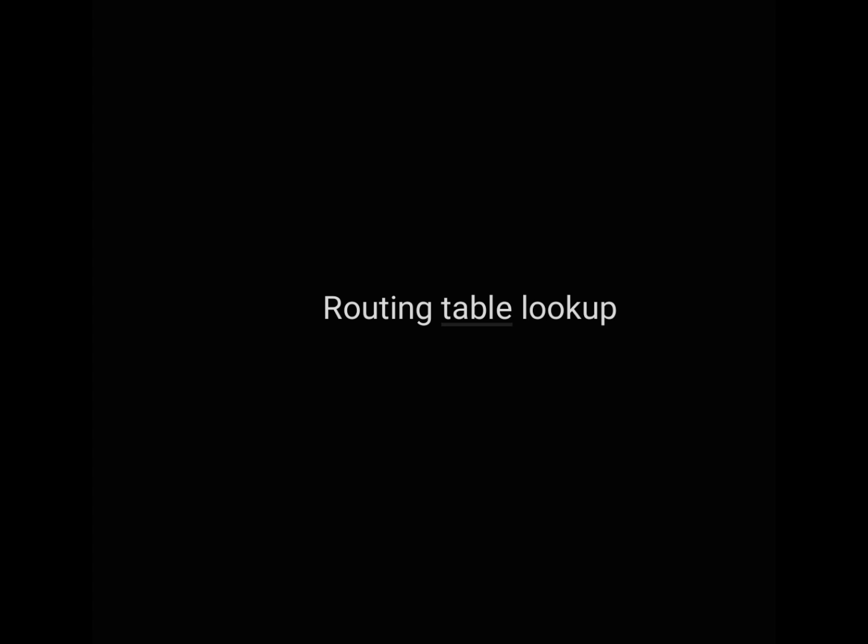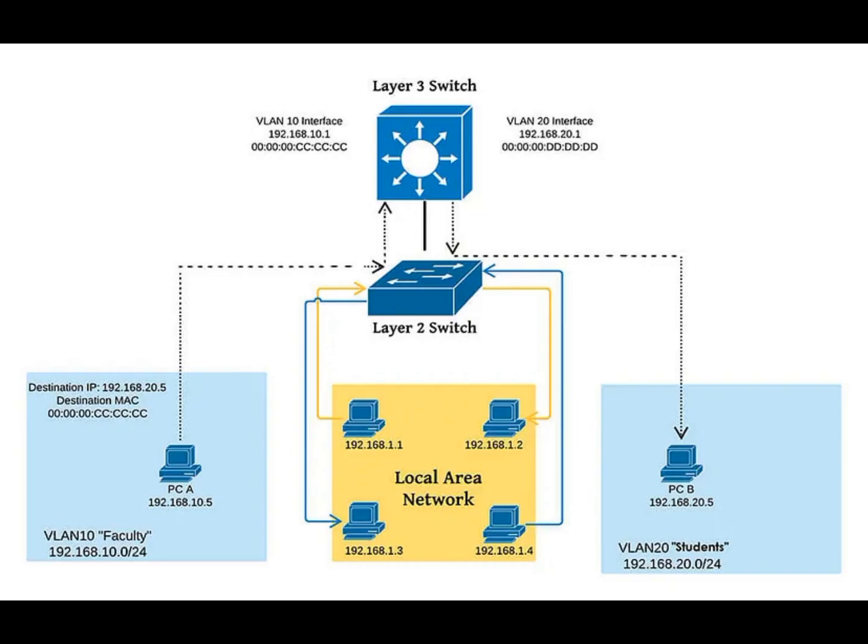The next thing is the routing table lookup. The layer 3 switch looks up the destination IP address in its routing table to determine the best path to reach the destination subnet. This routing table contains entries that specify which interface or next hop router to use to reach different network subnets. And then we move to forwarding.